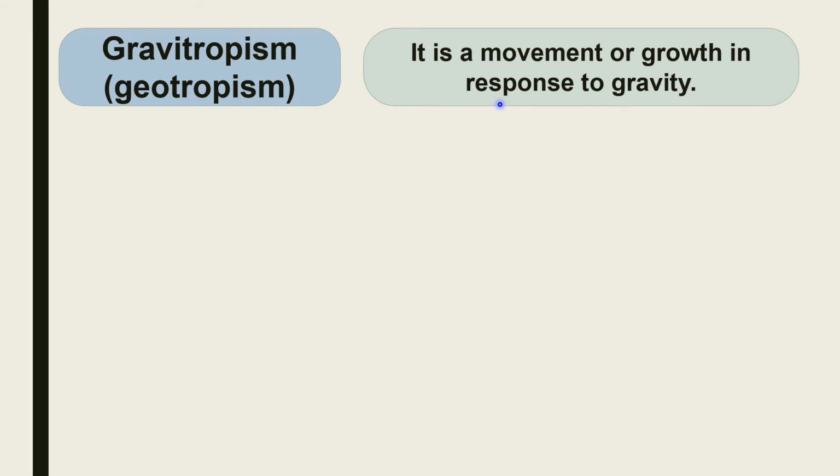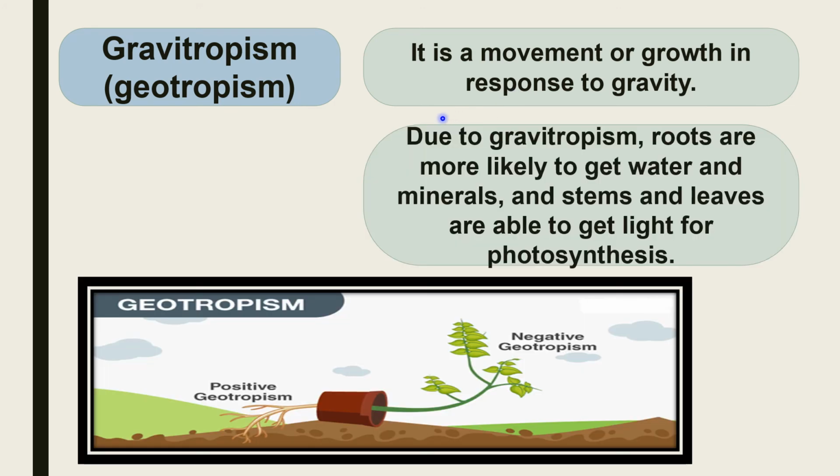It is a movement of growth in response to gravity. Due to gravitropism, roots are more likely to get water and minerals, and stems and leaves are able to get light for photosynthesis. So as you may see, this is geotropism because this is positive. This happens towards the stimulus, and then negative geotropism is away from the stimulus.